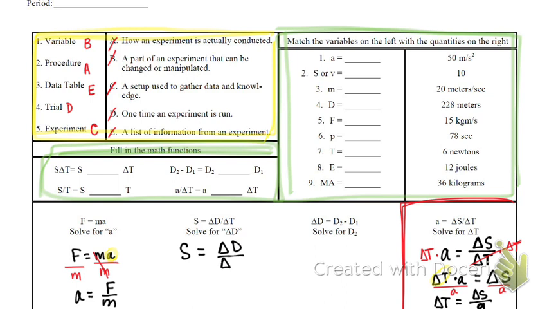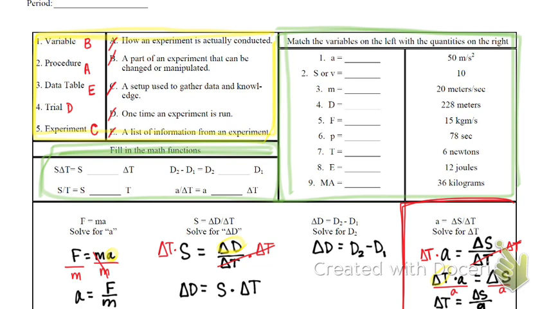We have our speed formula, S equals delta D over delta T. We want to get delta D by itself. It's a fraction. Fractions mean division, so we need to do the opposite. Delta D equals S times delta T. And then we have delta D equals D2 minus D1.